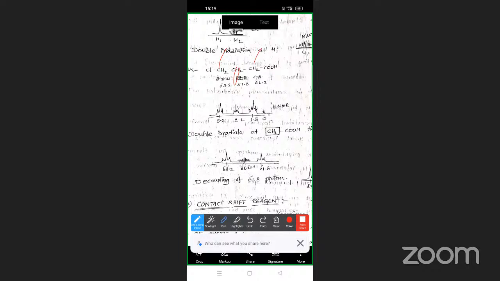So the intensity will increase, and this CS2 proton signal becomes blurry here, with no appearance of the signal.